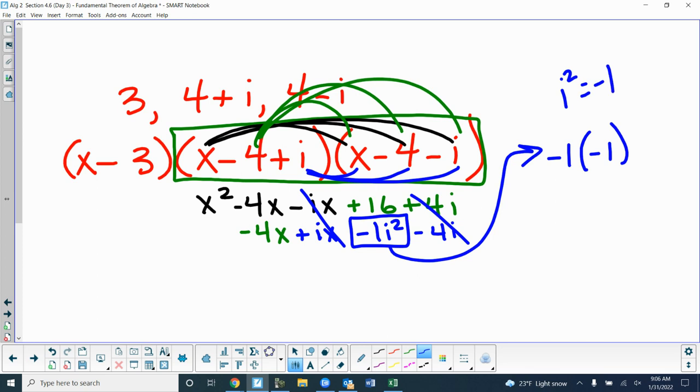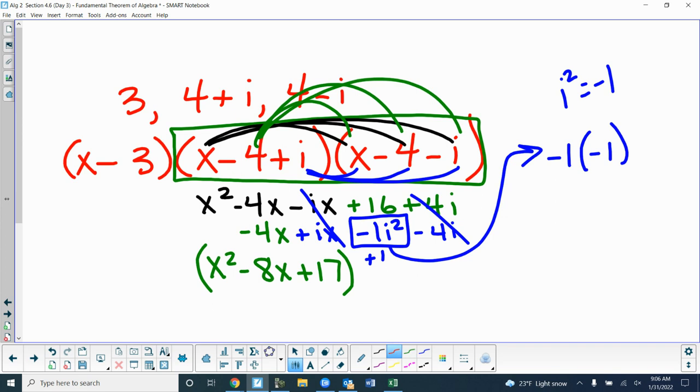What is negative 1 times negative 1? Positive 1. Okay? That's why I put it under the 16, because I know it's going to turn into a whole number, so that it's a number I can combine. So this green box answer is x squared minus 8x plus 17.